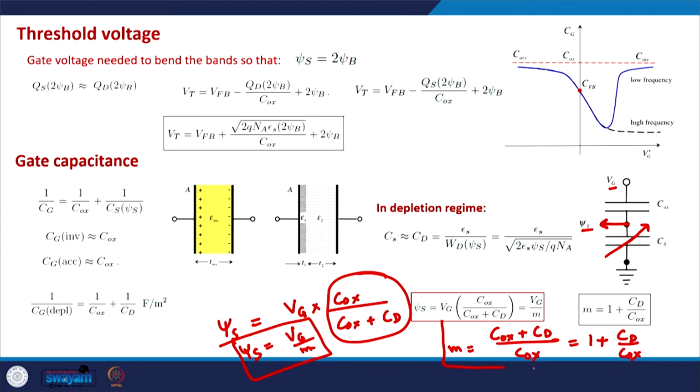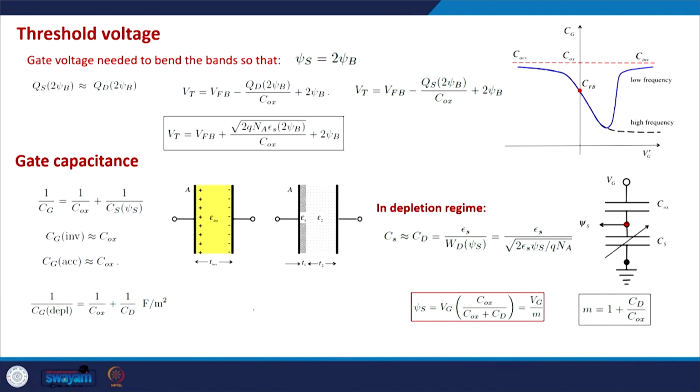This m is known as the body coefficient, and it is always a number larger than 1. But now we have a very intuitive expression between psi s and Vg: psi s is Vg divided by m. So m governs how much of the gate voltage drops across the semiconductor, because if m is close to 1, psi s will be almost equal to Vg.